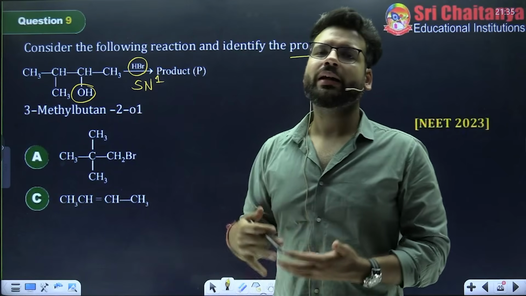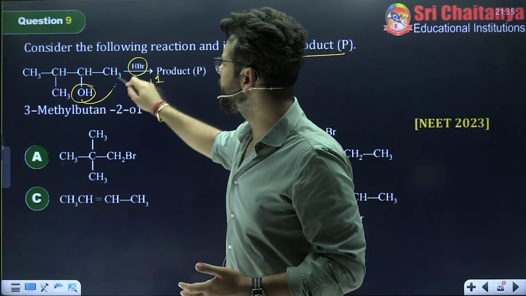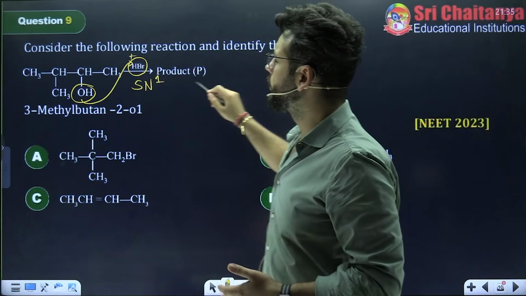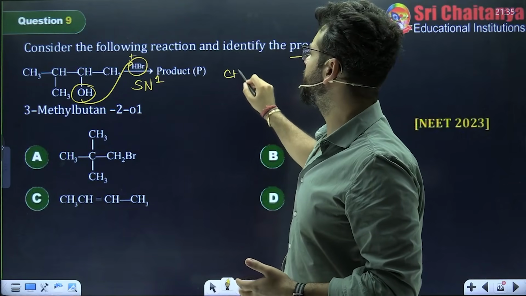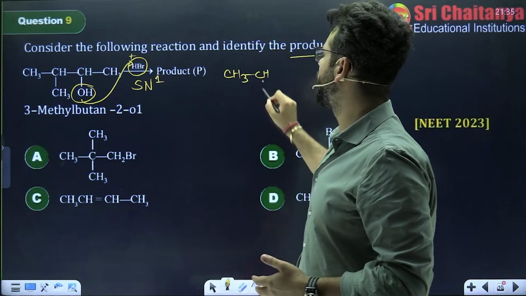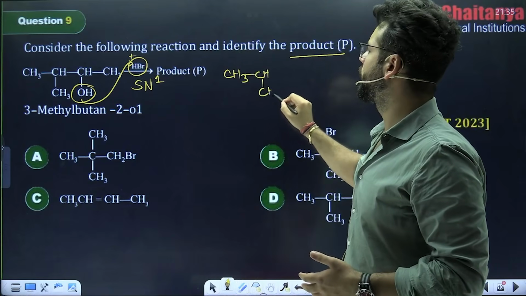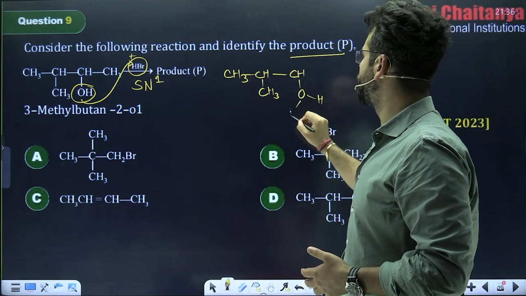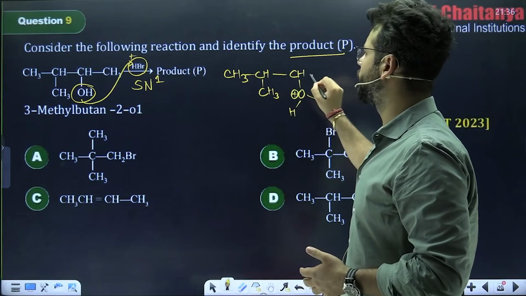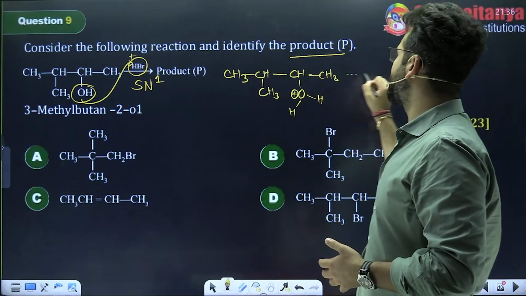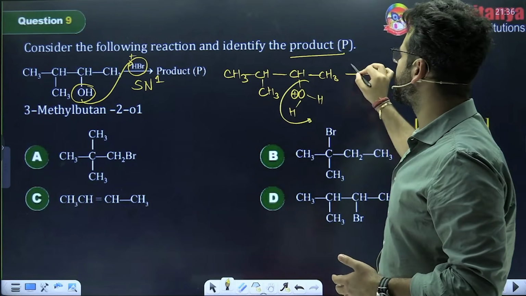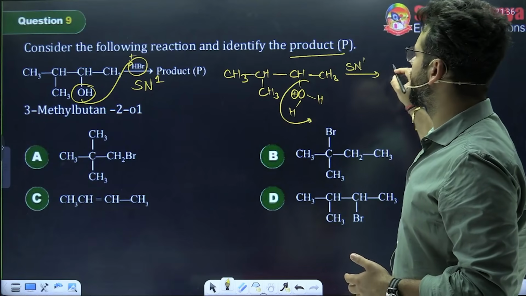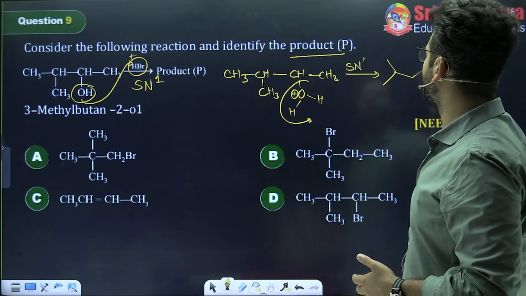Whenever you provide an acidic medium to the alcohol, OH takes the H plus and becomes a very good leaving group, OH2 positive. So here the leaving group becomes OH2 positive, and this quickly leaves by SN1 mechanism, giving you a carbocation which is looking like this.